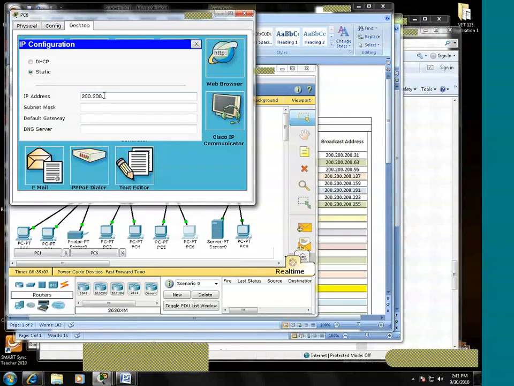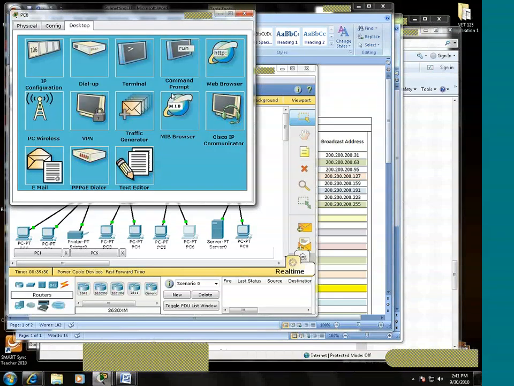Okay, what's a good value? Can I use 158? Yeah, because max is 159. What's the default gateway? 129. Let's do a connectivity test.